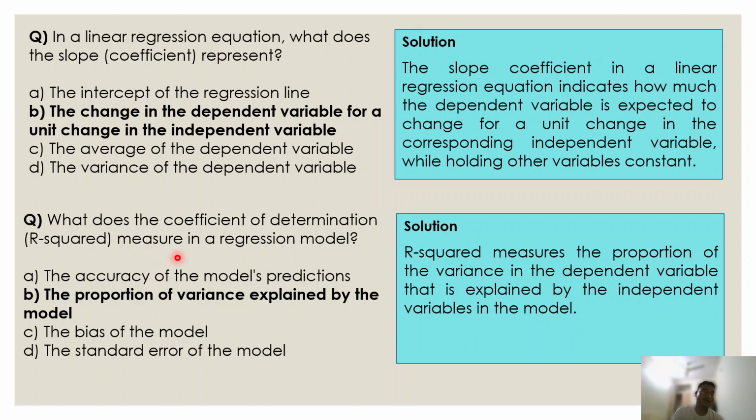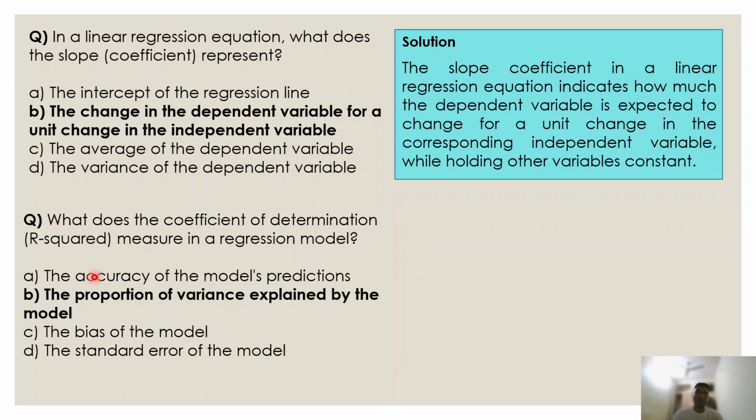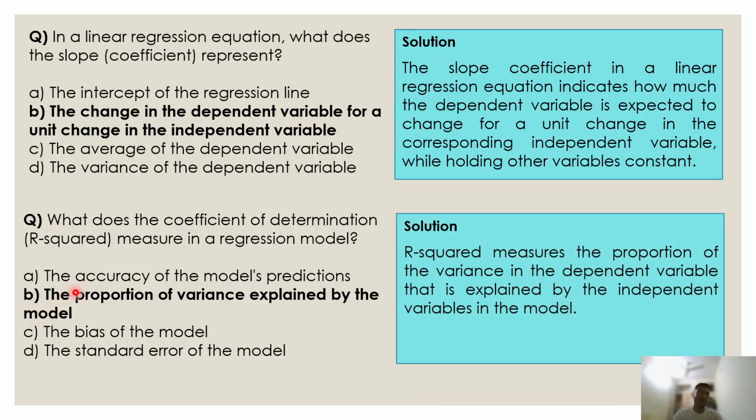It's not the accuracy. In casual talk you can say accuracy, but B is the correct answer. The accuracy metric is generally utilized for classification models, not for regression models.